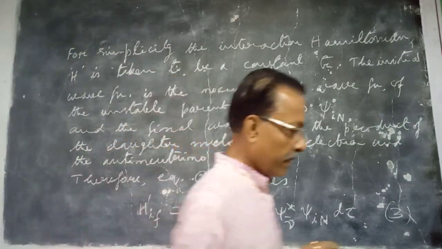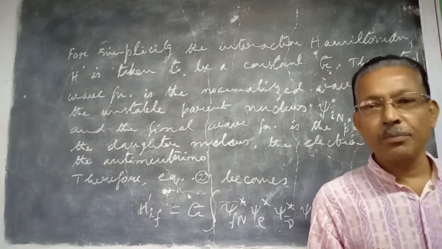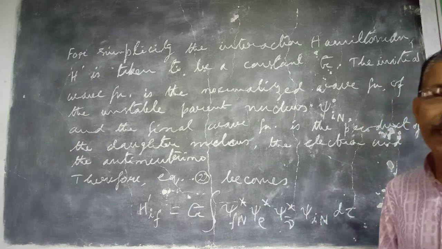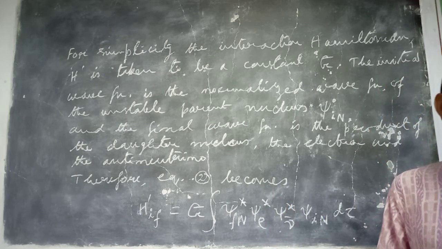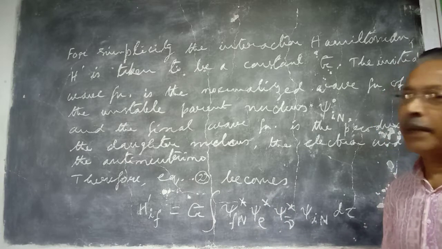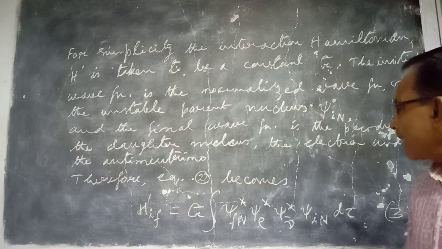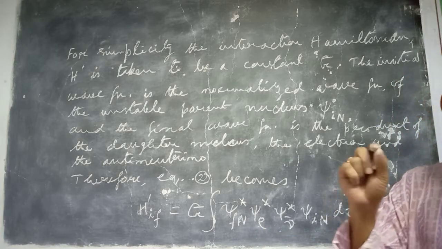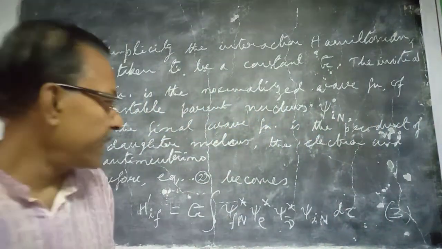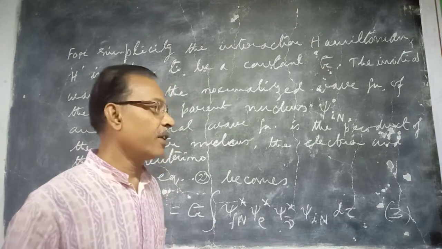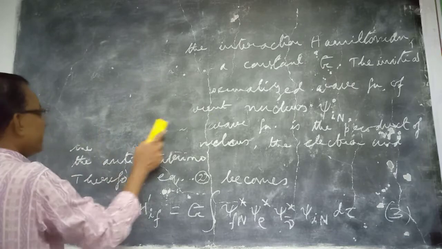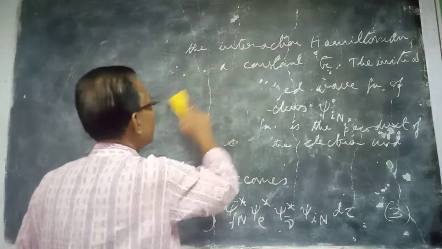And if momentum is small, then according to de Broglie's hypothesis, the wavelength associated with these particles will be quite large, much larger compared to the nuclear dimension. So they are replaced by the plane wave, and their maximum value is unity, a constant value. So we consider that the wave function of the electron and antineutrino is a constant quantity within the nucleus, because the energy involved in this process is very small.